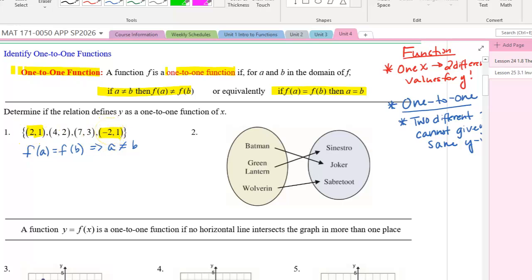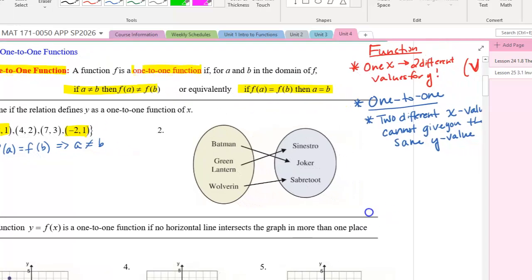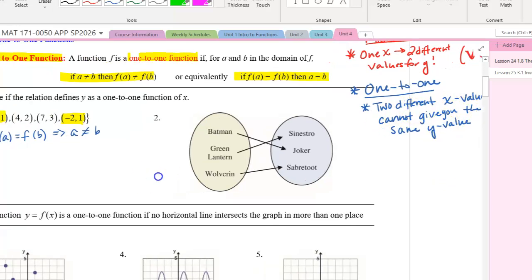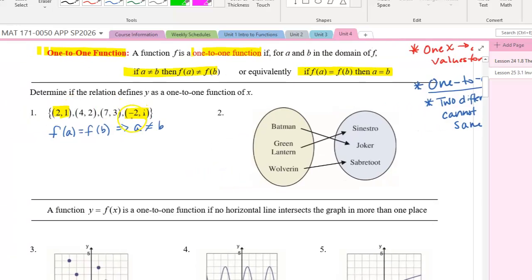So this one is not one-to-one because it fails this test. Also, if we think about it in this way, there are two different x values that give you the same y value. So 2 and -2 both give you 1. So this one is not a one-to-one function. So it is a function, but it is not one-to-one.